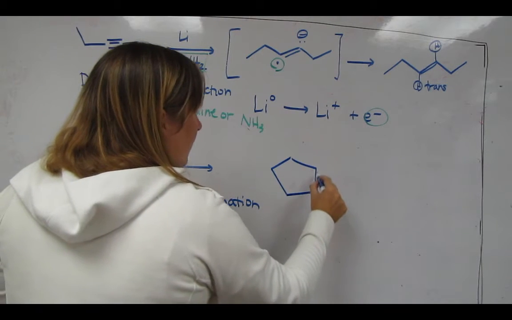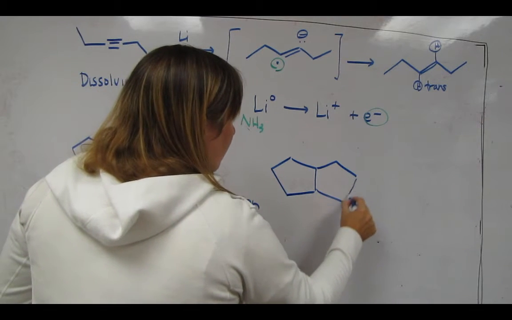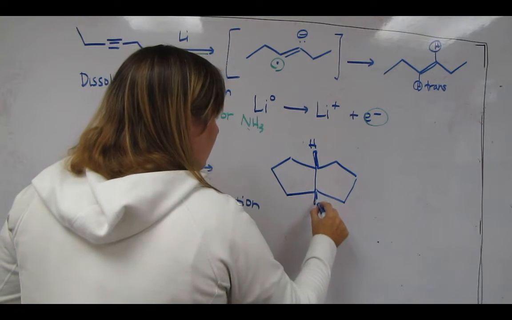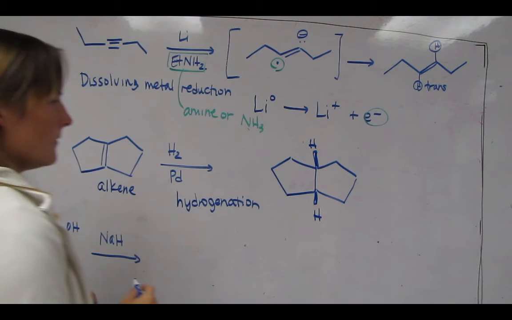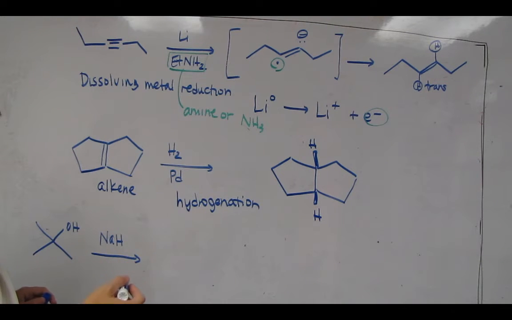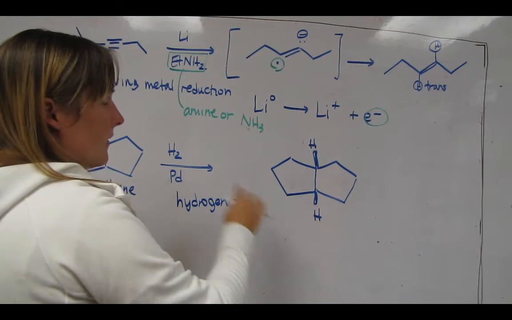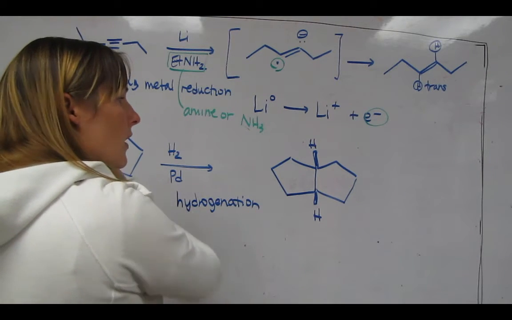And so you draw the backbone the same, but now you have cis arrangement of the hydrogens. We also have to name this molecule, and this is a bicyclo molecule. And we learned how to name that in chapter 4.